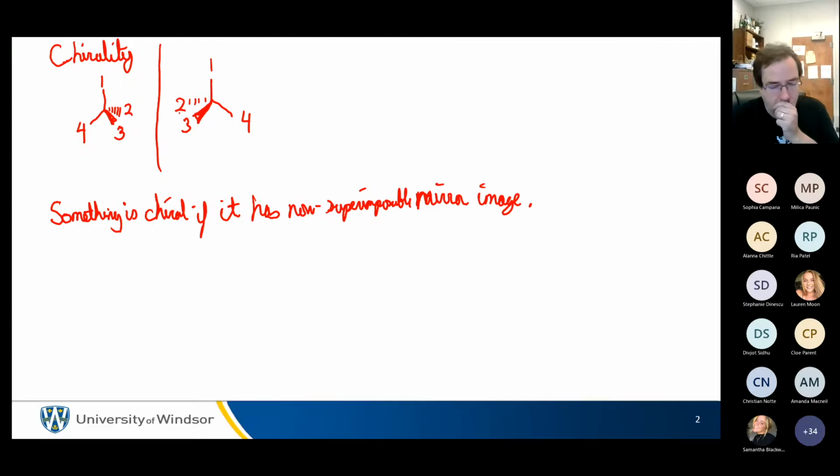Okay. So what does that mean? Well, you got a mirror image. Look at a mirror. Can you then rotate that mirror image? Not take the mirror image of the mirror image, because that's the first thing, but can you rotate that mirror image to be the same thing as the first thing?